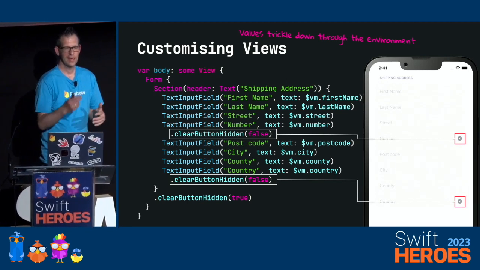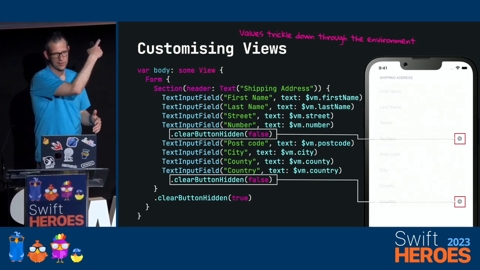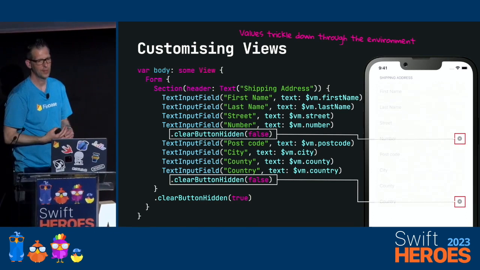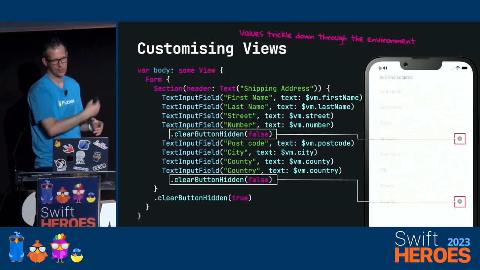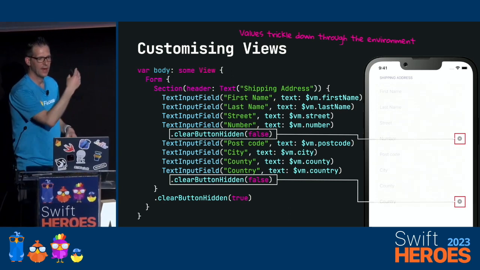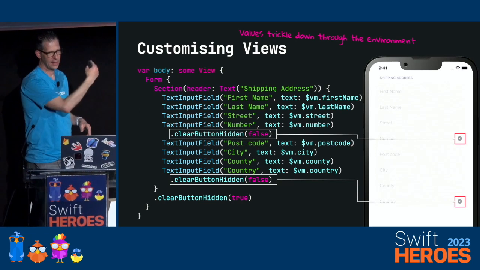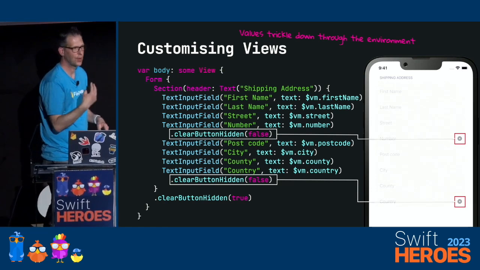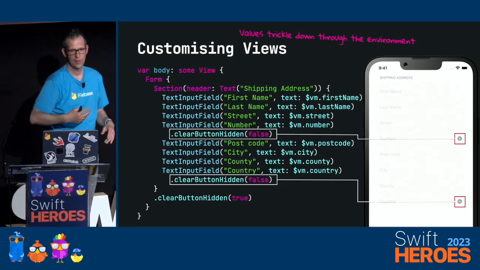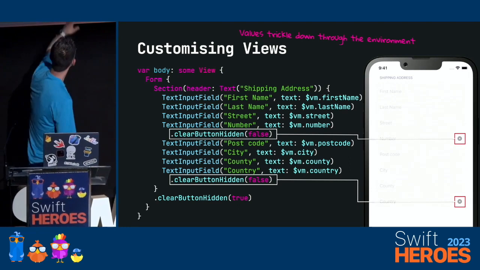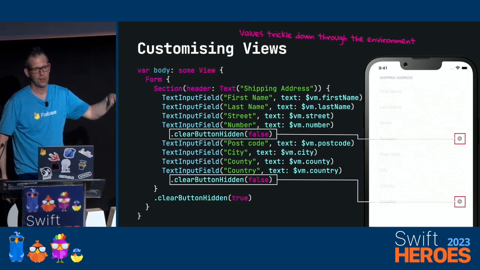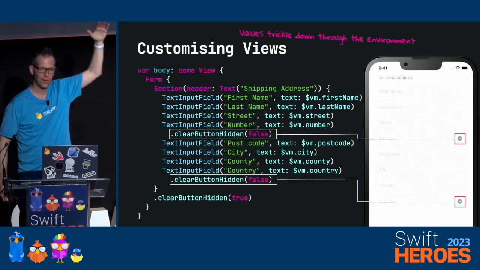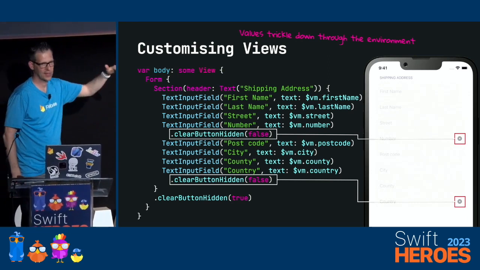Because in the inner part of this section, I use clear button hidden to show the clear button for one of those clear buttons. But at the outer part of the section, I'll say I want it to be shown for all of the items. So the very last line, this one here, says, please show the clear button, or please hide the clear button for all of the fields that are part of the section.